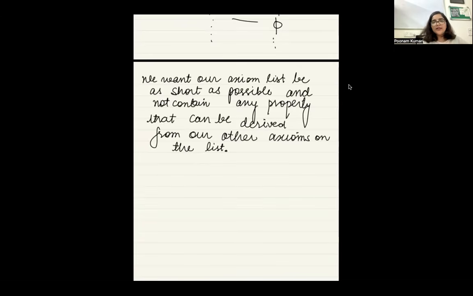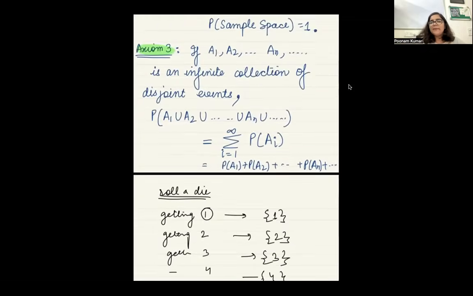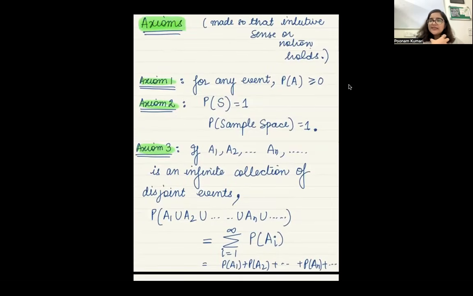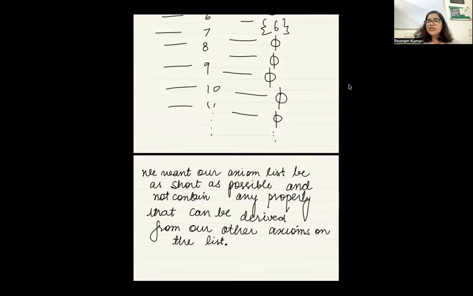Because, here we have that the probability of the sample space is 1. We might also have this urge to say that, okay, one of the axioms should be that probability of a null event is 0, right? ऐसी अर्ज आ रही है कि नहीं, कि ये भी assume कर लेते हैं ना कि अगर कोई null event है उसकी probability 0 बोल दो, right? But we can prove it using these 3 axioms, however many axioms are needed. We can use these axioms to prove it, that is why we will not call it our axiom. Okay, that is the logic. So you want to keep this list as small as possible.